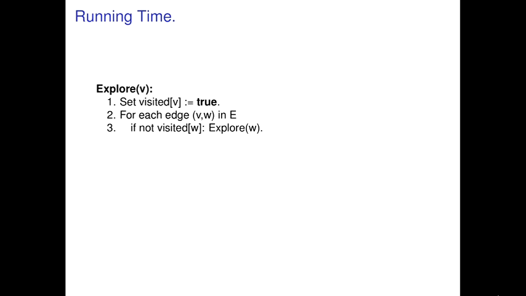Okay, so let's see how we're doing on time. Okay, so there's a recursive call, right? How are we supposed to analyze recursive things? How have we done it? Do you see we could write a recurrence? Because we're calling explore on W, you can say T of n is equal to T of n minus 1 or something.